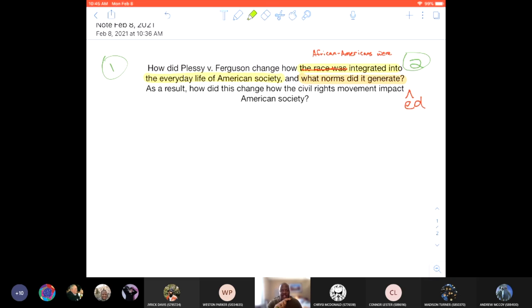Instead of how did it change how the civil rights movement impacted society. I don't know if everyone sees that distinction, but there is a distinction between saying, how did this change how it was impacted, and how did it just impact it, right? There's levels to that. I'm going to assume you just mean how did it impact it. And so that'll be part 3.